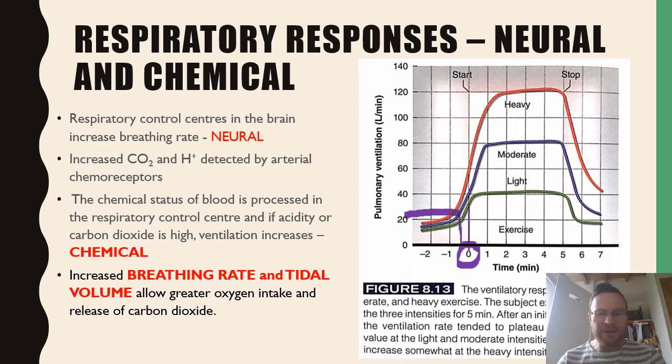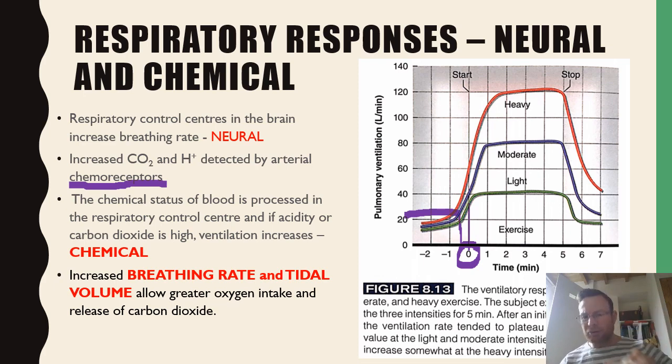One of the things that allows our body to do that is these chemoreceptors. Chemoreceptors in our blood vessels, and I think in our brain as well, monitor carbon dioxide. When muscles contract, they release carbon dioxide. Carbon dioxide in the blood will cause it to become acidic.